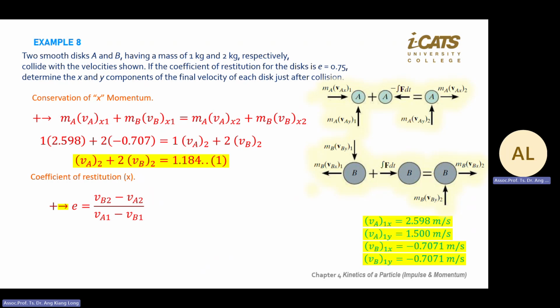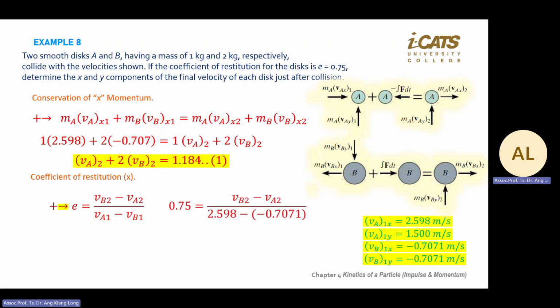So here you call out the coefficient of restitution: velocity after divided by velocity before, and we assume after impact, B will go faster, A will go slower. So VB2 minus the slower value of A, minus A1, which means before A moved very fast, minus a small value of B, B1.